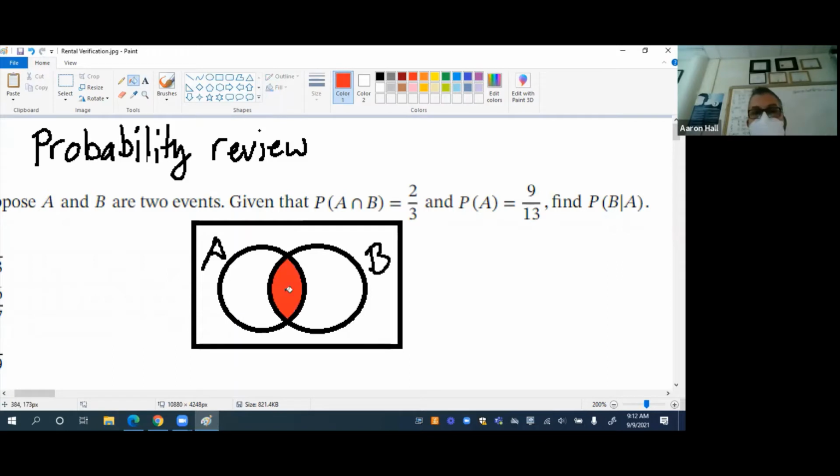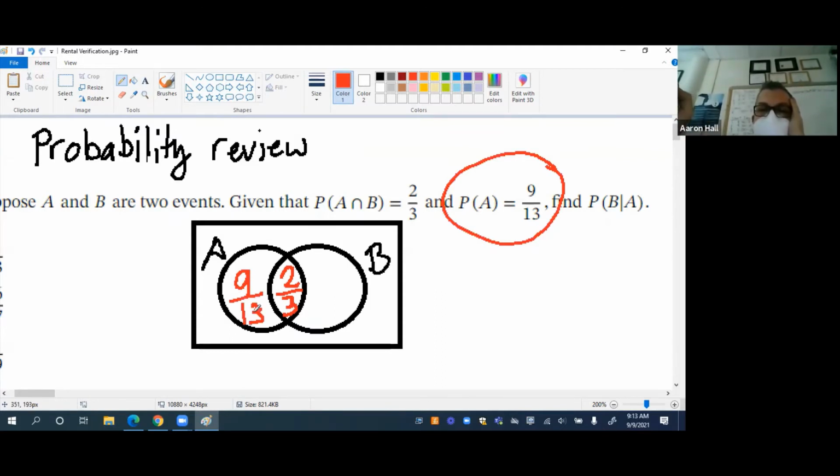So what goes right here? It's 2/3, which is what? 0.6666 forever and ever. So I'm just going to write that down here. I have 2/3. Now over here it says probability of A. So that's 9/13. Does that look right to you?